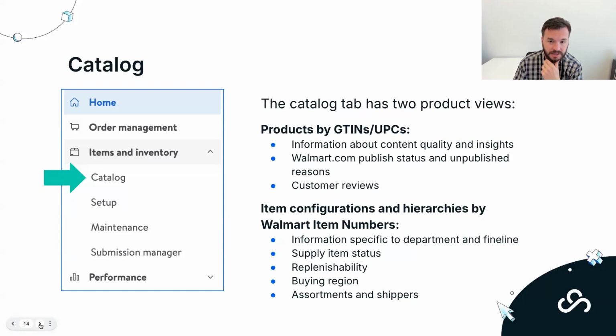In the Walmart item numbers section, you look at information specific to department and fineline, right? This is the Walmart side of things. You're looking at a more detailed view from the retailer perspective. You look at supply item by status, replenishability. You can look at buying regions, assortments, and shippers.